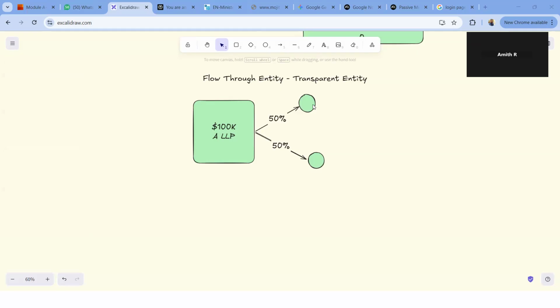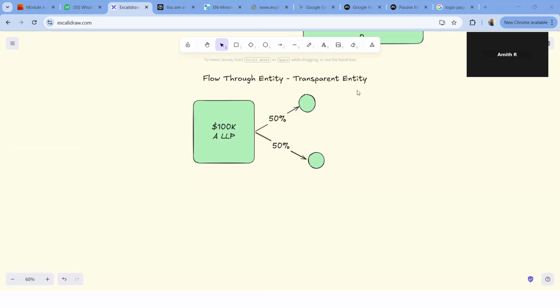Unincorporated partnerships, foundations, if you choose, right? Even an unincorporated partnership, it's an option. We can choose to be transparent or opaque, but by default, it would be transparent. Correct? So this is what a flow through entity is.